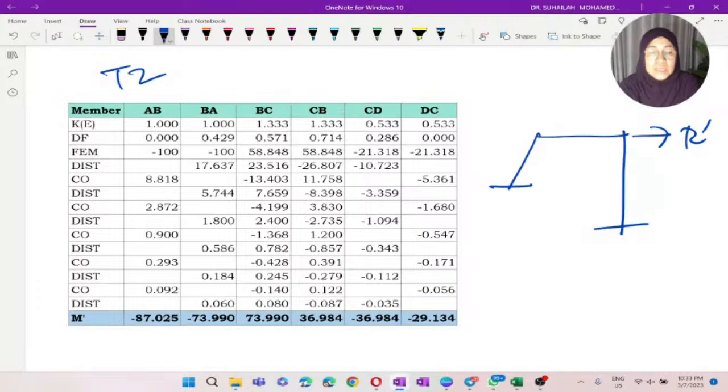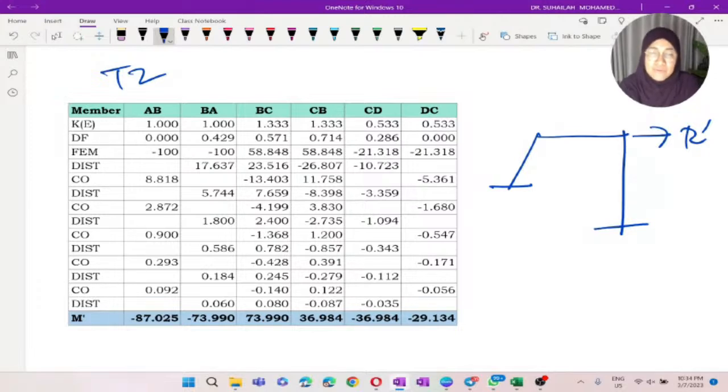We total the moment in the table, from FEM until the last distribution, and label the total as M prime. M prime is the end moment or internal moment in table number 2. There are 6 values, representing the end moments of AB, BA, BC, CB, CD and DC.